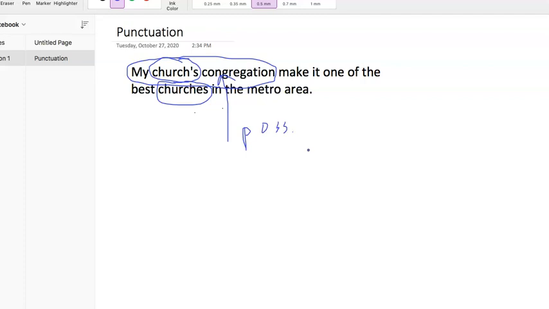And so then we just do the apostrophe S, right? But when it says the best churches in the metro area, that makes it plural. And when it's plural, then we just add the ES, not the apostrophe. Okay, so that's really the difference there between plural and possessive nouns. Okay, and let's go back to text mode.